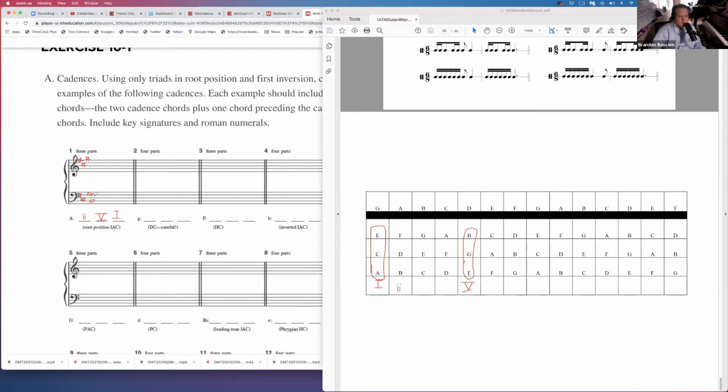B, F sharp tenor, D. Gonna double my root. I'm gonna make it a 5/7. Is that horrible? Ooh, I can't do that.